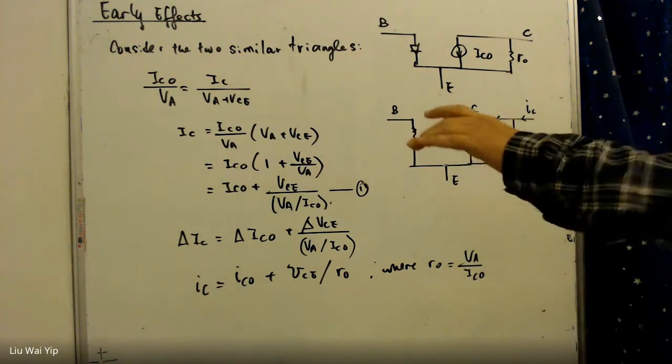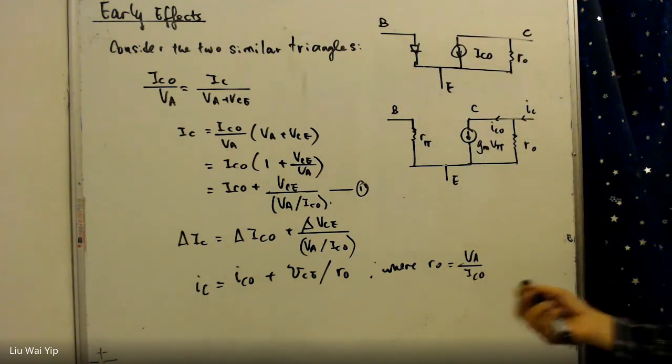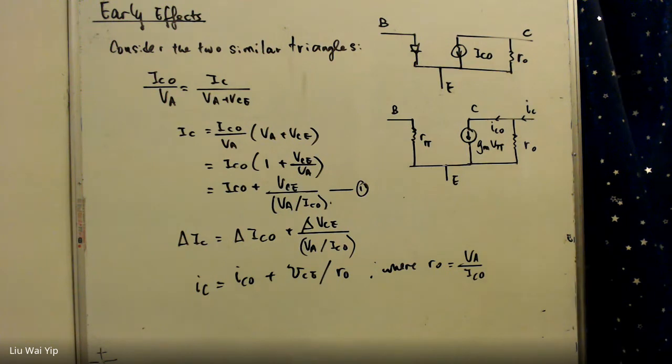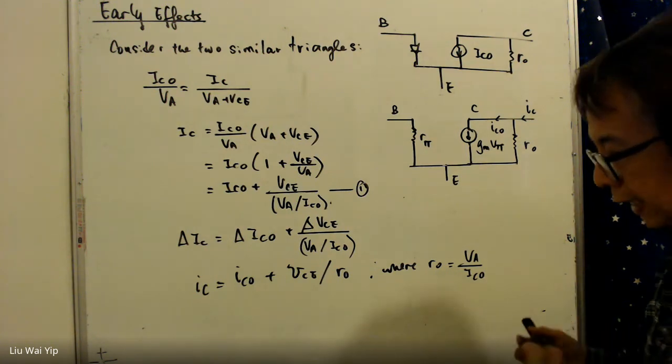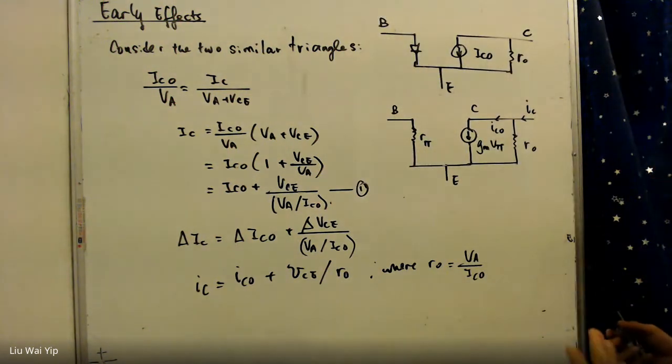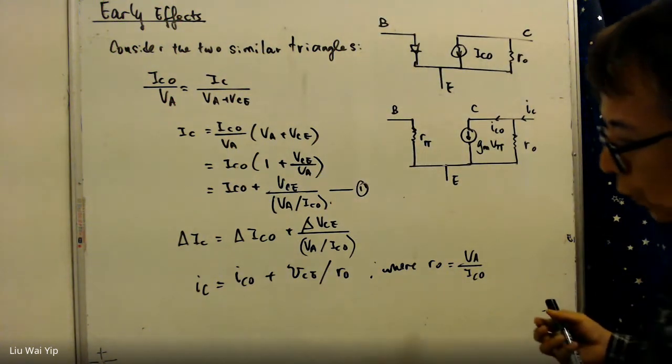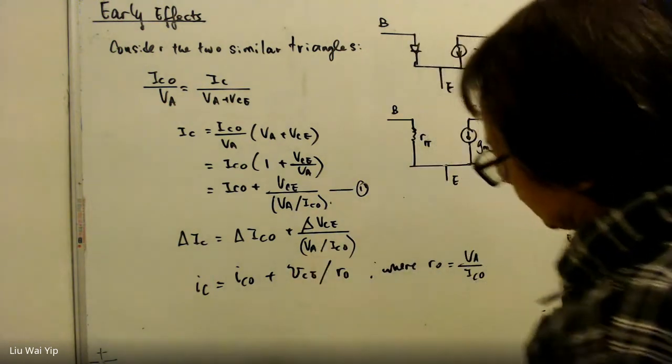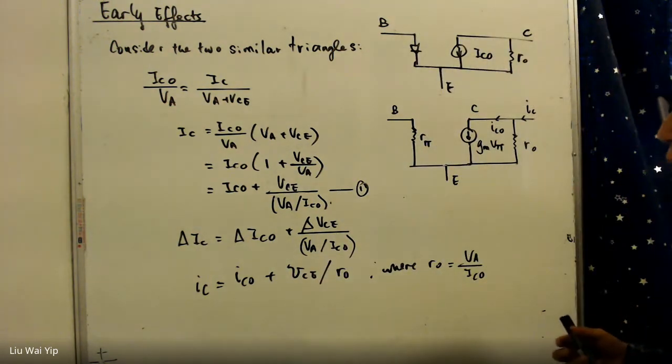Perhaps you might also want to know the physical reason why we end up with the Early effect. In the lectures, I have skipped this part. The students from the previous intakes know well what the exact reason is because they have done physical electronics.